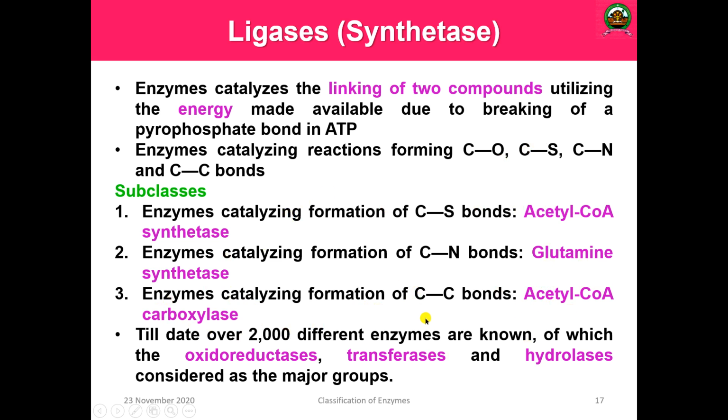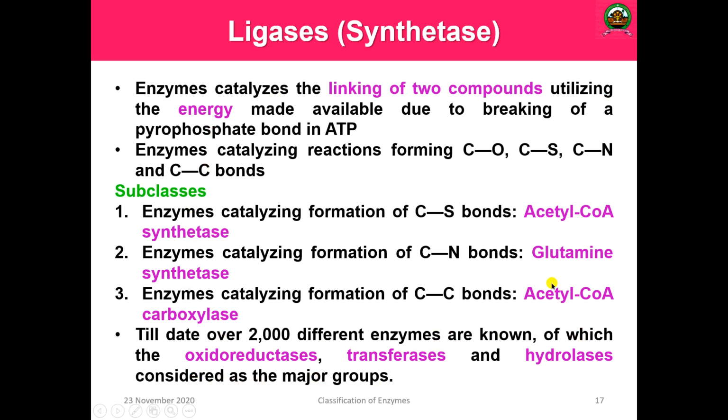All these enzymes we will be seeing in the various biochemical pathways of cellular processes. Among all these six varieties, as of recent studies, more than 2000 different enzymes have been identified, of which the major groups are oxidoreductases, transferases and hydrolases. These three are the major groups. Others also have a functional role, but they are not that prominent.